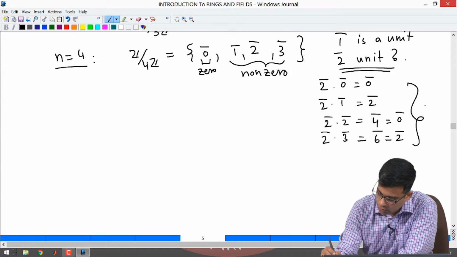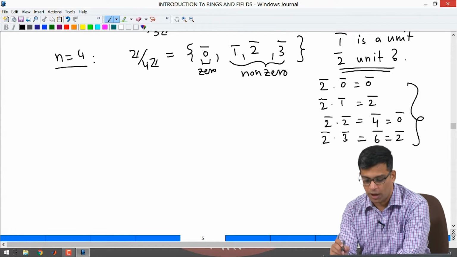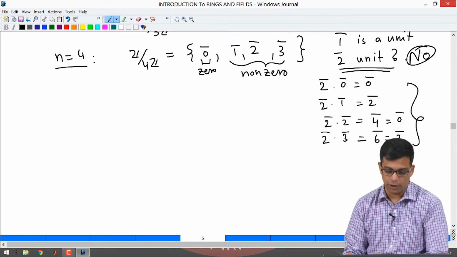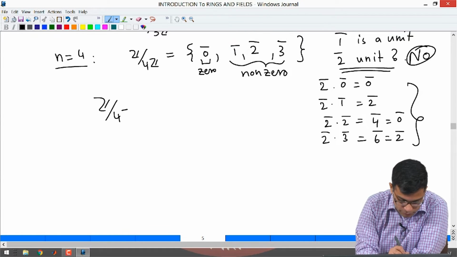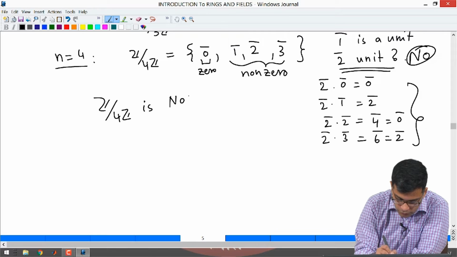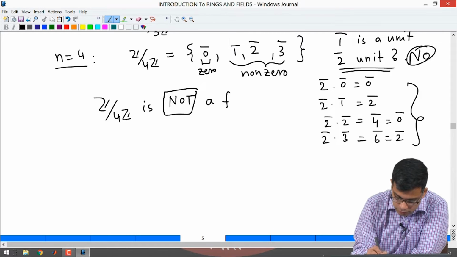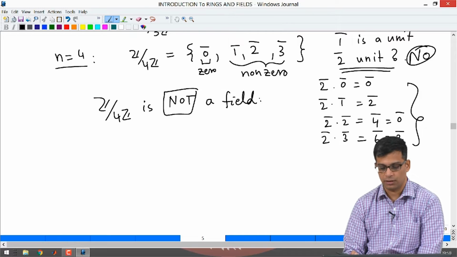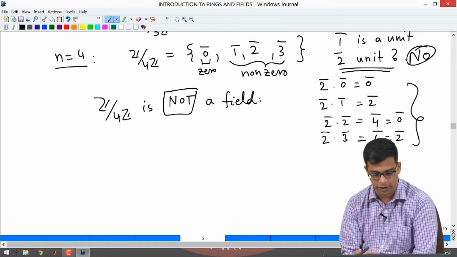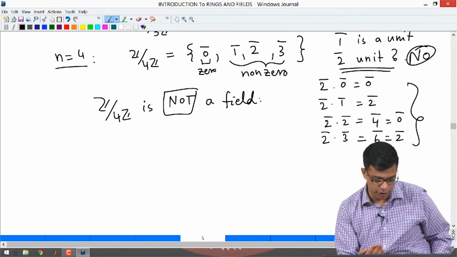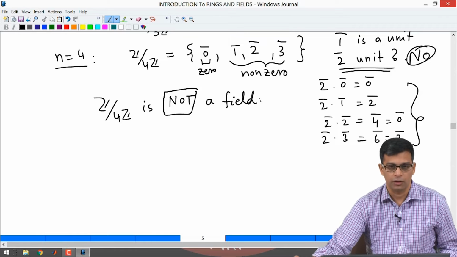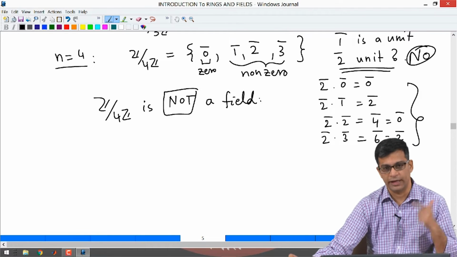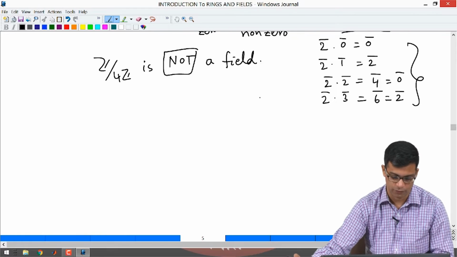So, none of them is 1 bar, and 2 bar is not a unit. That means Z mod 4Z is not a field. There is a non-zero element, 2 bar, which is not a unit. In this ring there exist non-zero elements that do not have multiplicative inverses, so it is not a field.